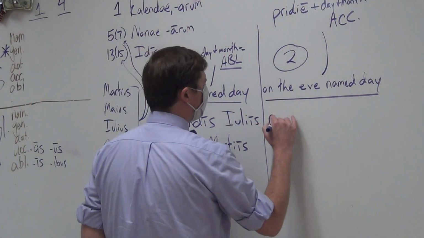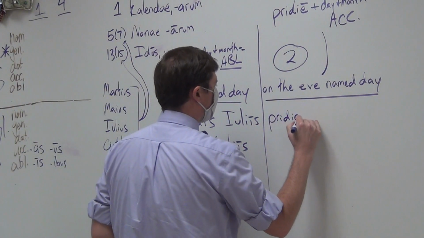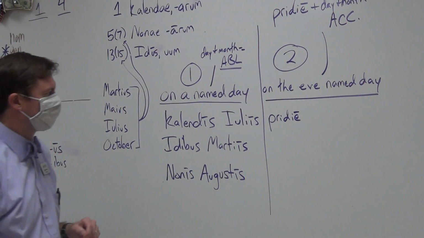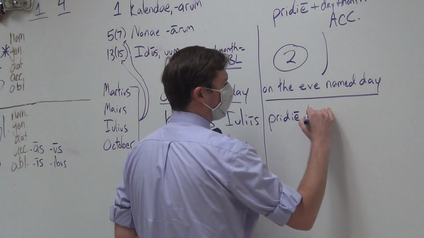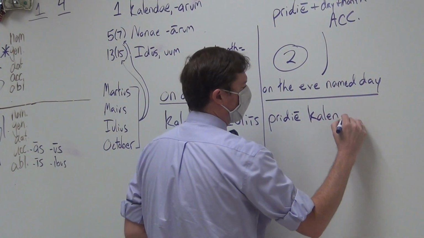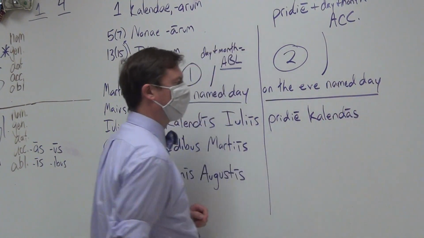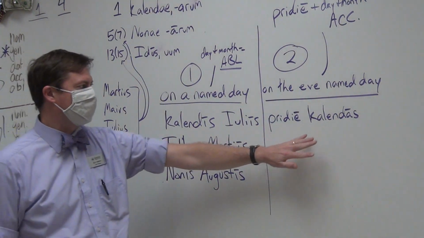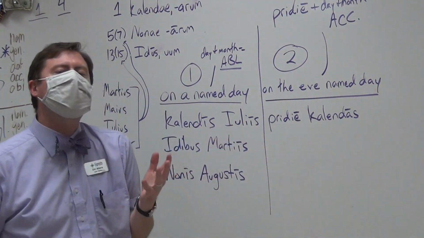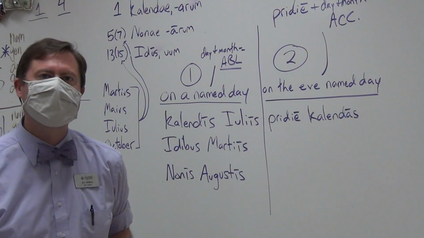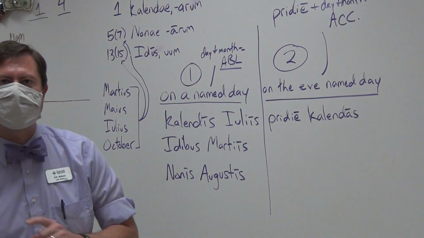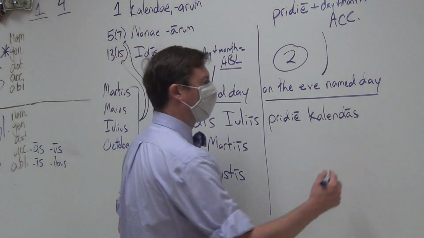So you would use here pridie, and then you would take the calendae and put it in the accusative. Now what I have here so far merely says on the day before the calends. The problem is that there are 12 calends out of the year. So which one is Halloween? October 31st? Well, that is the day before the November calends.